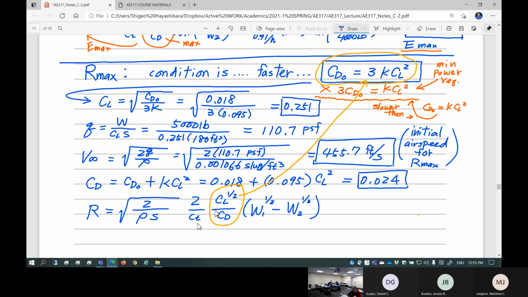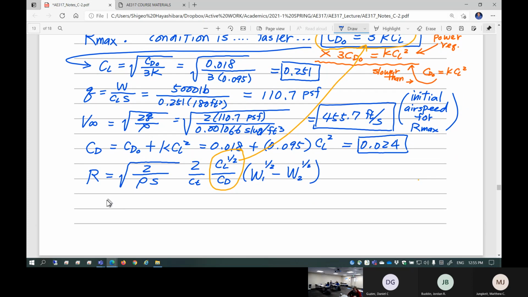All right, so we are going to plug in the values. Square root of 2 over 0.001066 slugs per cubic foot, area is 180 feet squared. CT is 0.91 per hour. This is 2 over that.